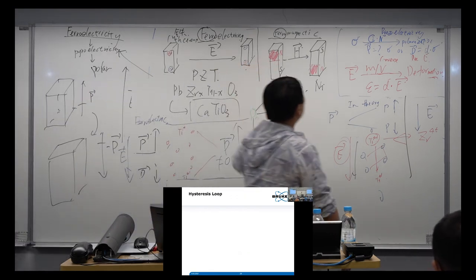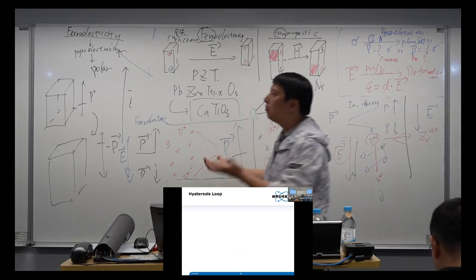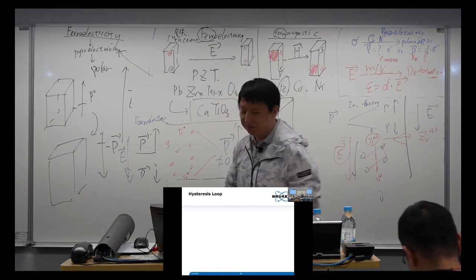For the ferromagnetic, it has the famous hysteresis loops. How about the ferroelectricities?